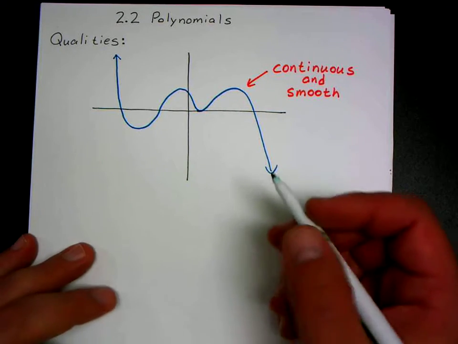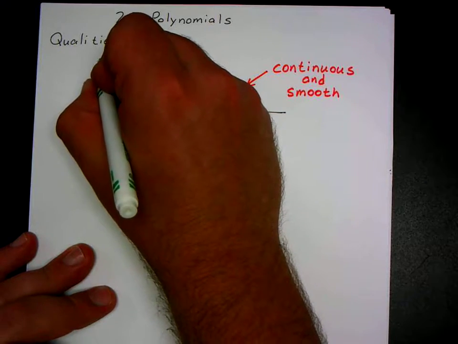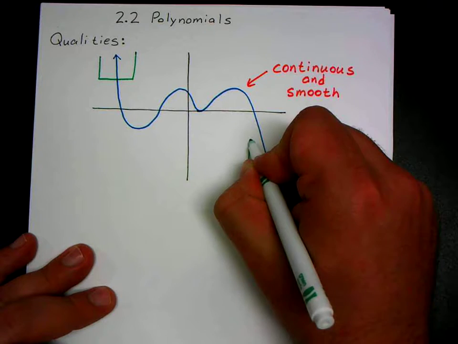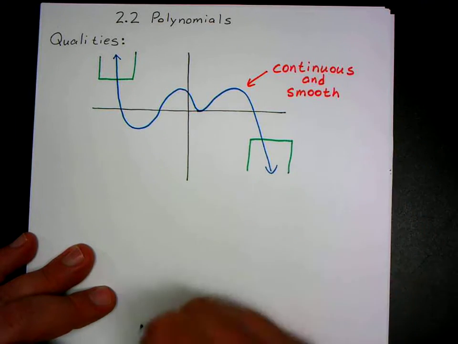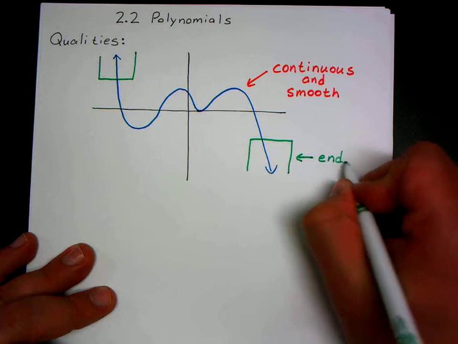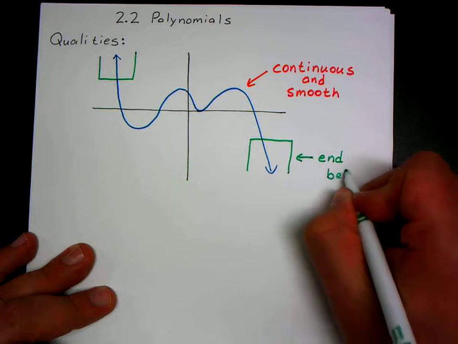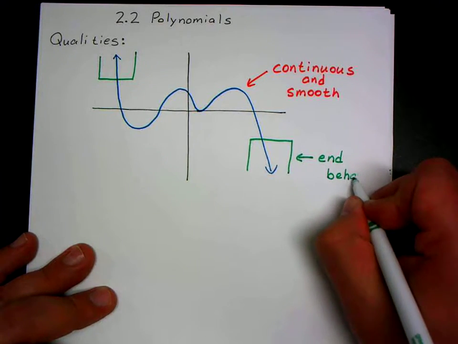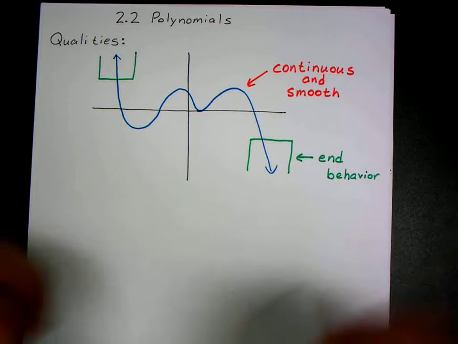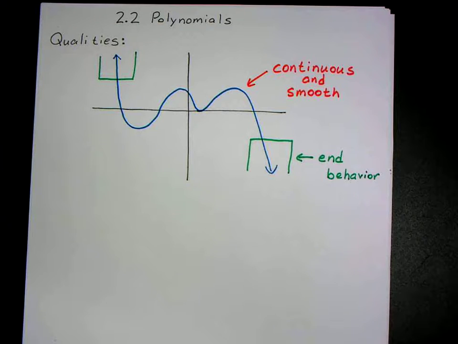All right, so the next thing we need to talk about is this part. This is called the end behavior. Polynomials always have a middle section where they have a bunch of bumps to them.